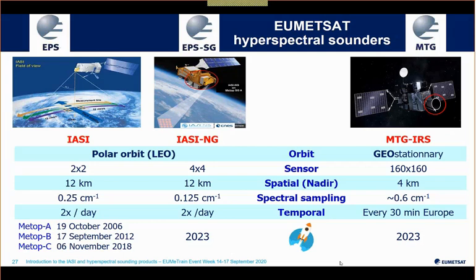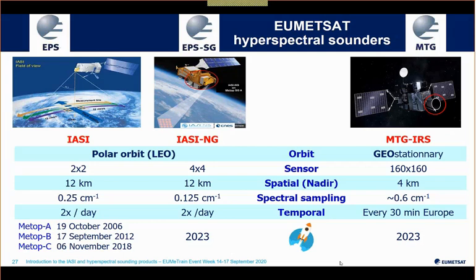We have IASI-NG flying in. So the spatial resolution will be the same. The spectral sampling will be twice better, and I haven't put it here, but the radiometric noise will also be twice better. So we expect better vertical sounding performances. Coverage twice a day, so exactly the same as IASI, just better.